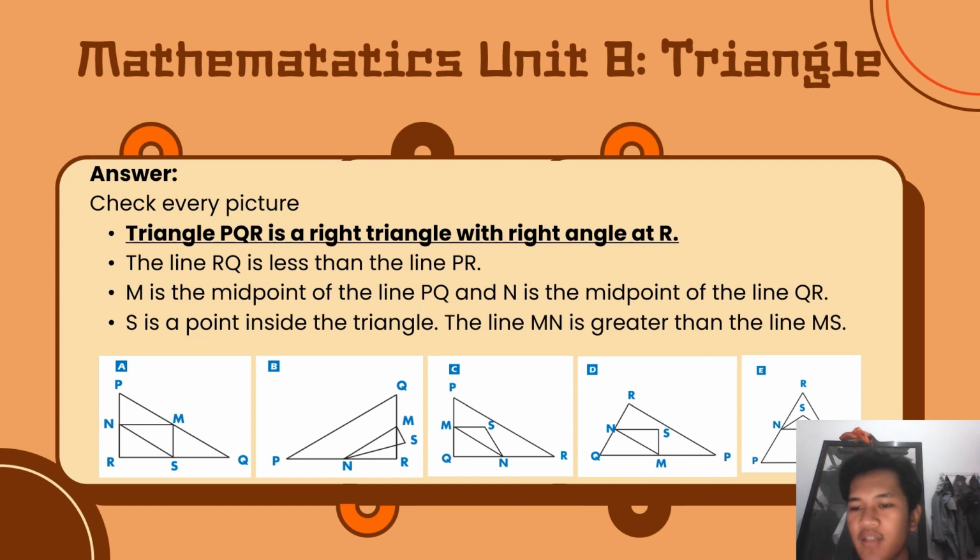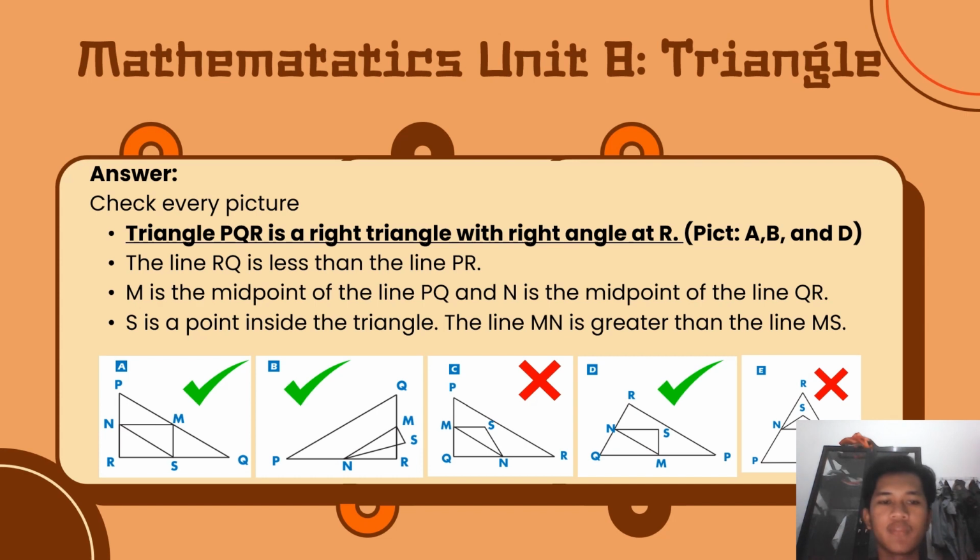Let's move to picture E. Picture E is not a right triangle, but an equilateral triangle. So from the first description, the correct answers are picture A, picture B, and picture D.